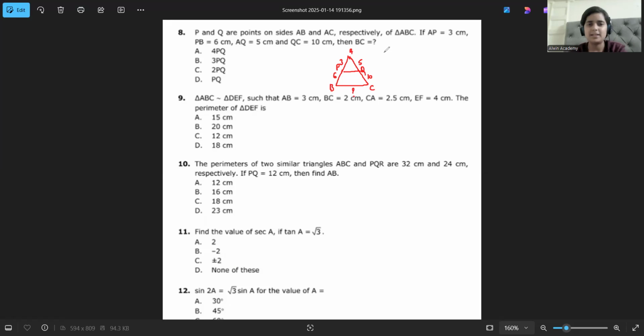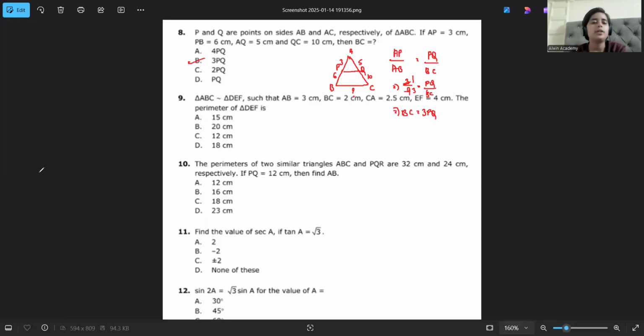And from CPST, we would be able to say AP by AB is equal to PQ by BC, from which we'll get our desired result. Now, AP is given 3, but AB is 3 plus 6, 9, is equal to PQ by BC. 3 ones are 3, 3 threes are 9. Now, when I cross multiply, I get BC is equal to 3 times PQ, option number B.